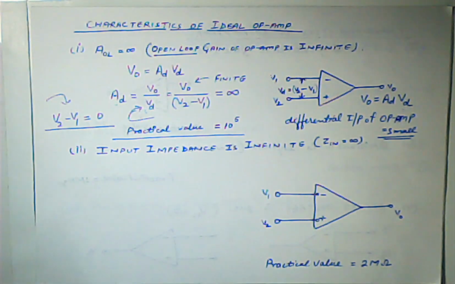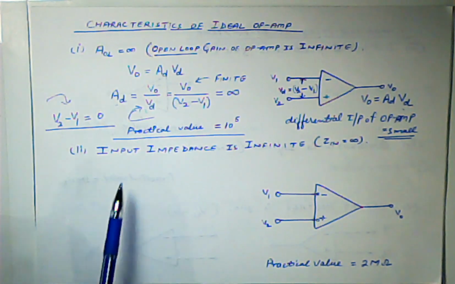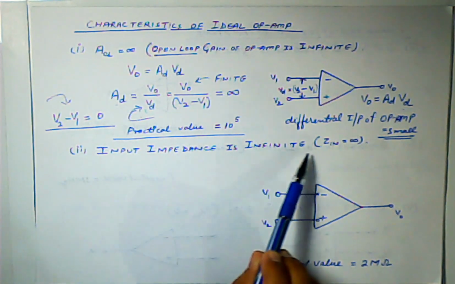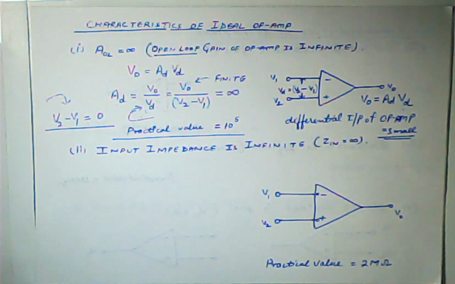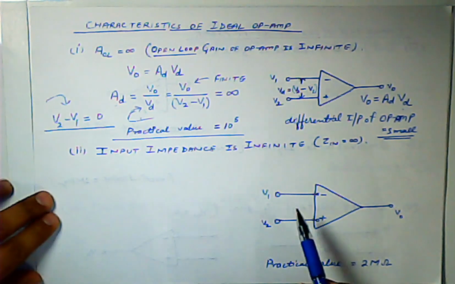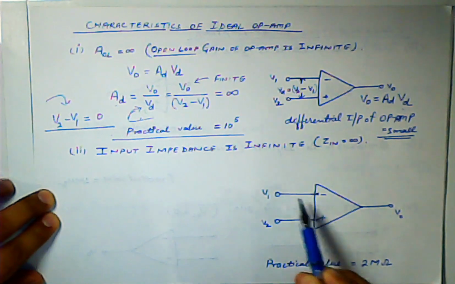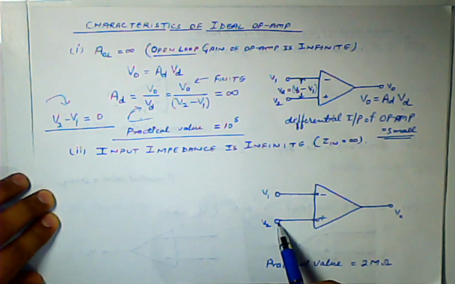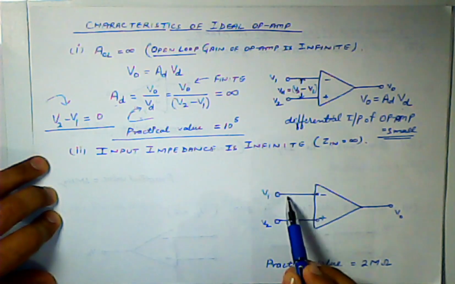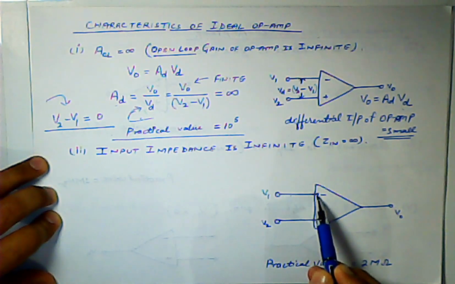What is the second parameter, or you can say what is the second property of an op-amp? The second property is that input impedance is infinite. The impedance at the input side should be infinite. What does this mean? V1 and V2 are two inputs, and at the input side the impedance is infinite.